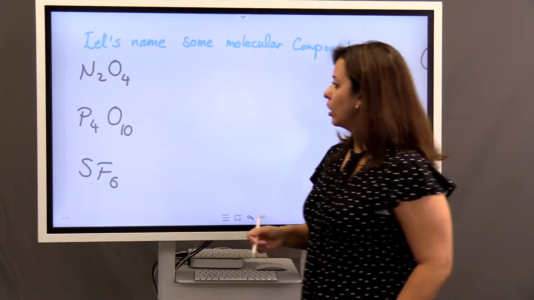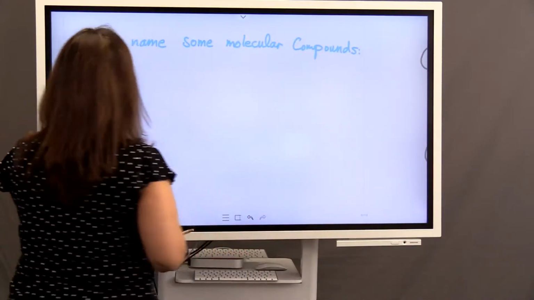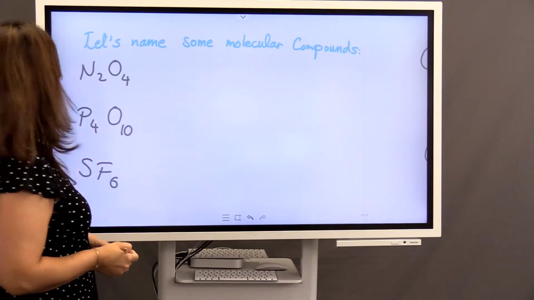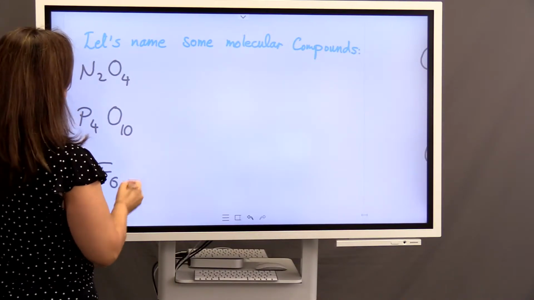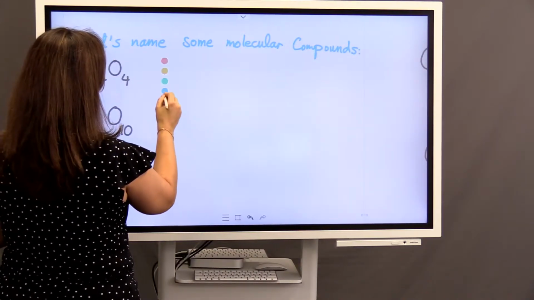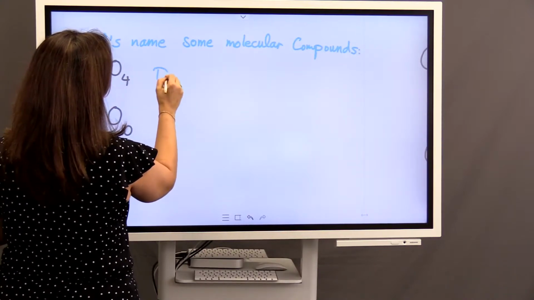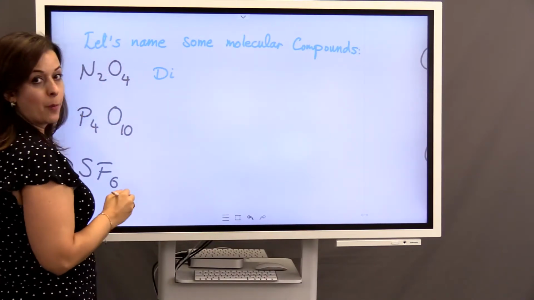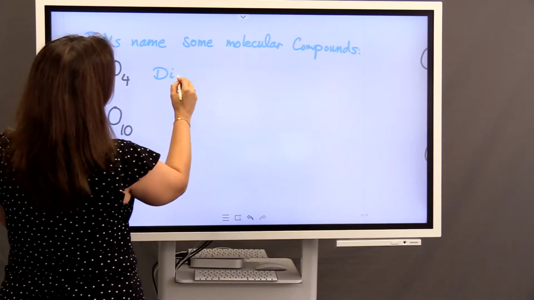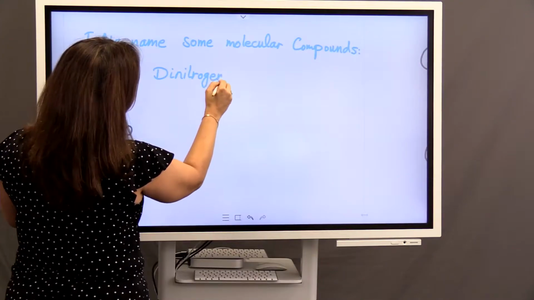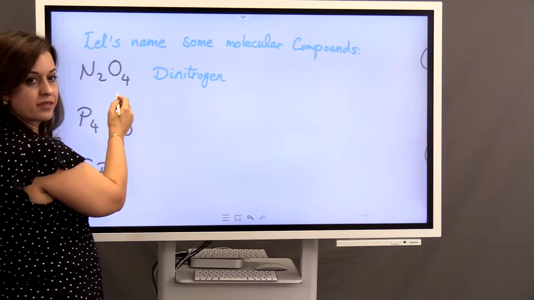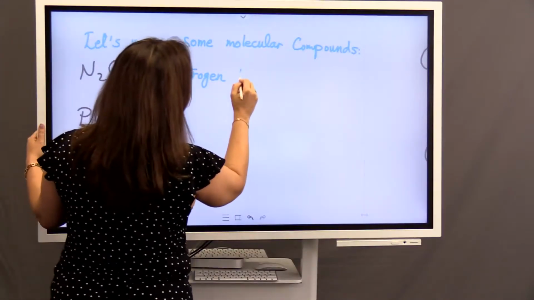N2O4. Let's check. Both of them are nonmetals, right? So Greek prefix for 2 is what? Di, correct? Complete name for the first element is nitrogen. Greek prefix for 4 is tetra.